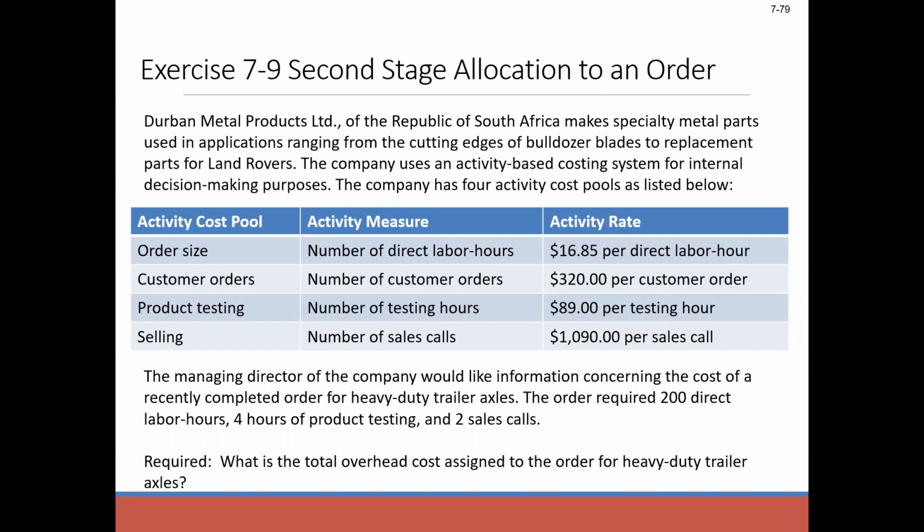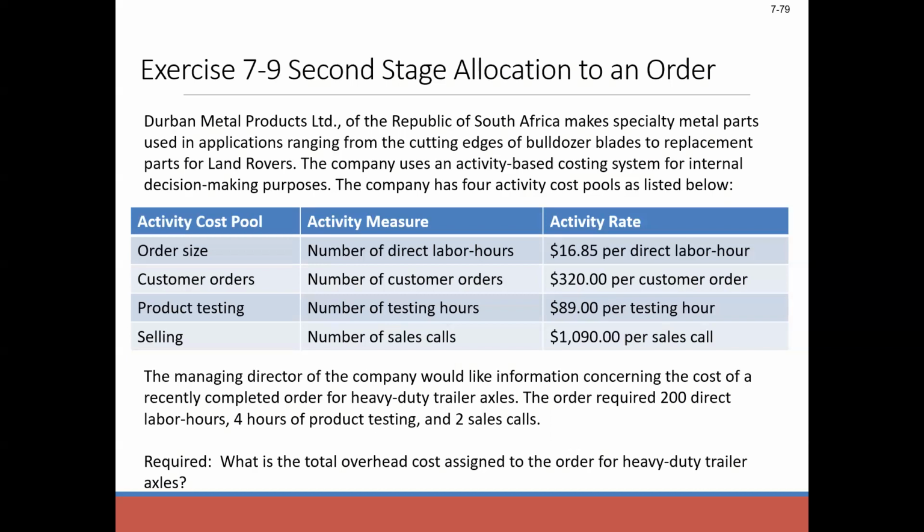The managing director of the company would like information concerning the cost of the recently completed order for heavy-duty trailer axles. The order required 200 direct labor hours, 4 hours of product testing, and 2 sales calls. So what's the total overhead cost assigned to the order for the heavy-duty trailer axles?